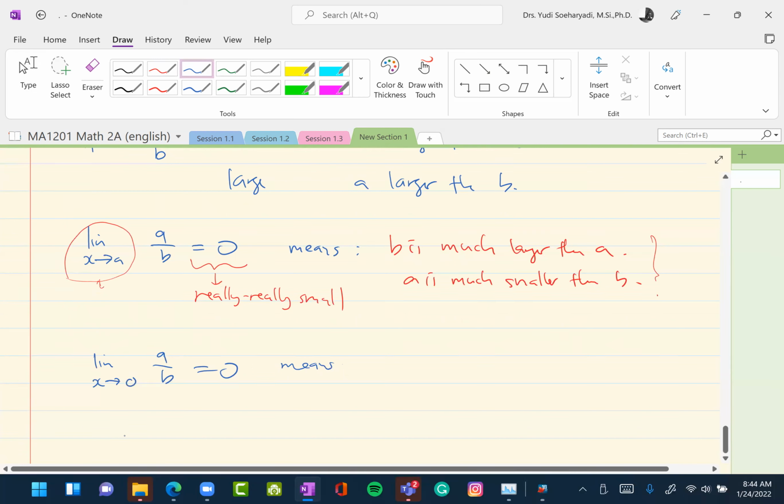But in this case, small, because x is going to 0, zero plus, let's say, positive. But how about this comparison, this 0? The fact that it is 0 is because A is much smaller than B.